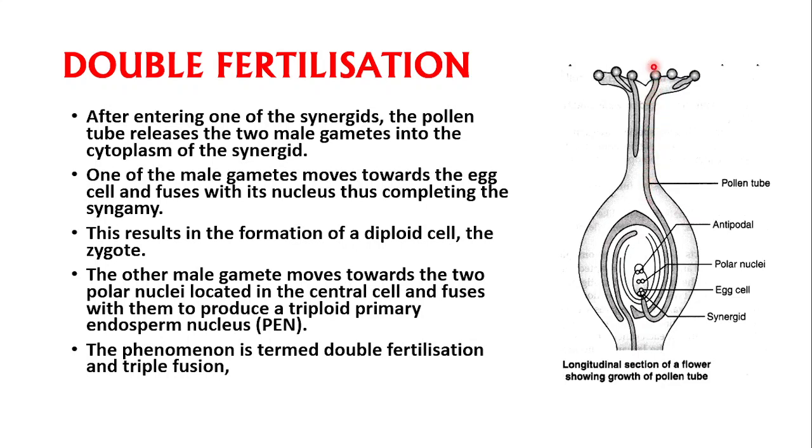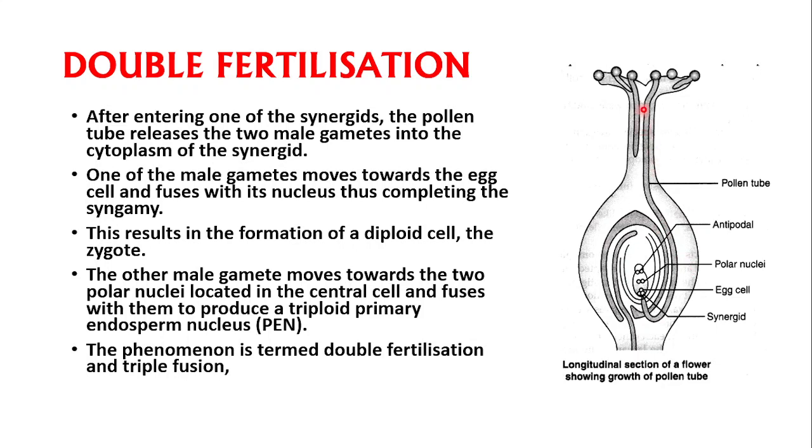This pollen tube enters the stigmatic surface and reaches the ovarian region by passing through the elongated part of the pistil, called the style. Through this pollen tube, the male gametes will be transferred.